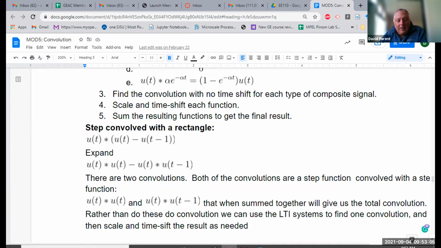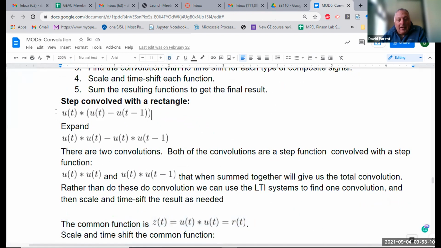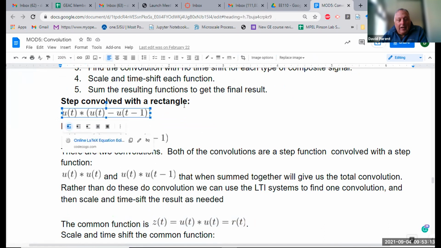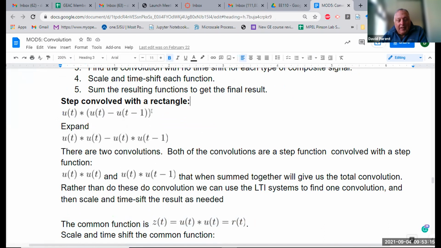This is just a broad overview. I'm convolving a step with a rectangle. So I expand it: u(t) convolved with u(t). You already know, or you will, that that's a ramp. Then I have minus u(t) convolved with u(t) that is delayed. Essentially, these are just steps convolved with steps, and one is scaled by -1 and delayed by 1.